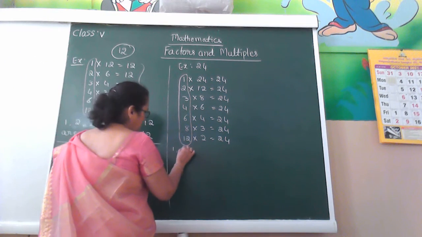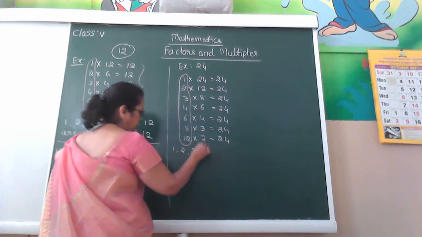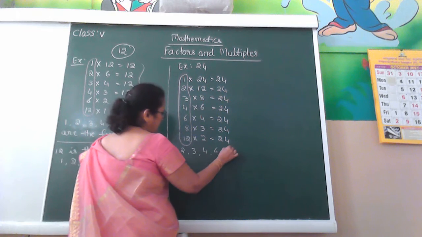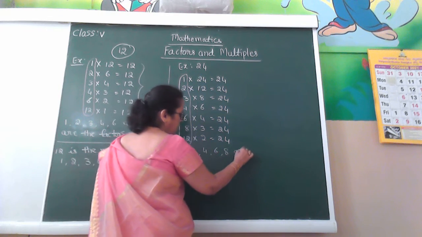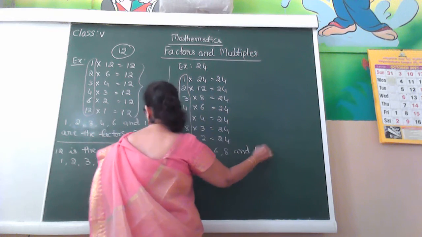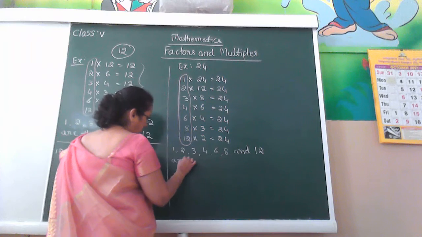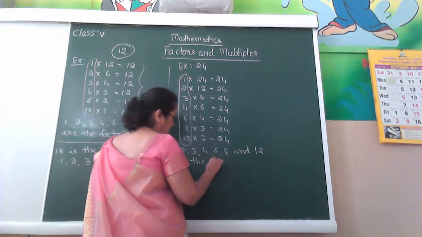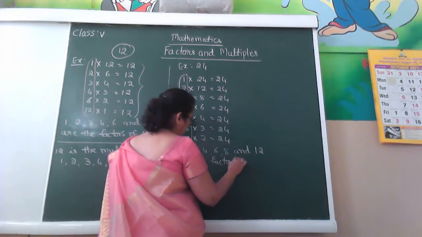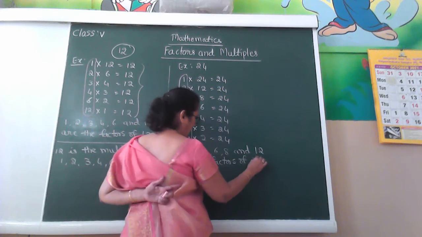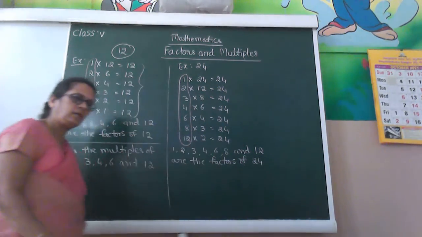See, 1, 2, 3, 4, 6, 8 and 12 are the factors of 24. They are the factors.